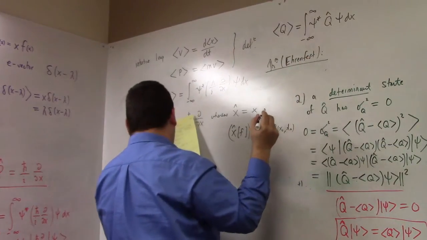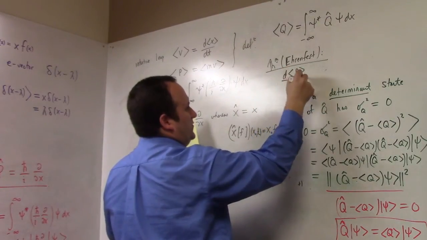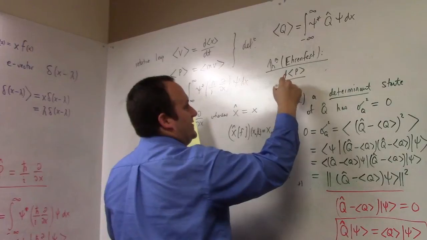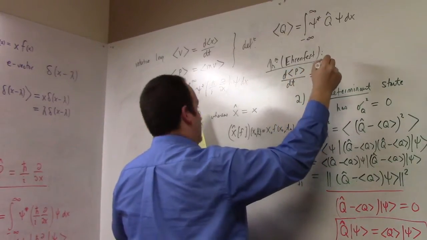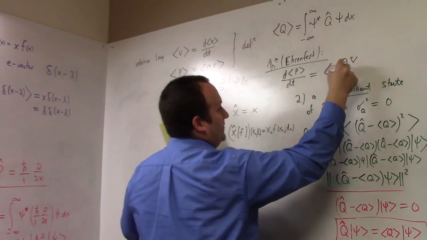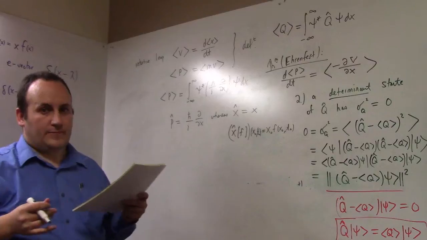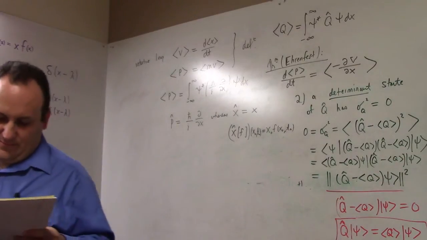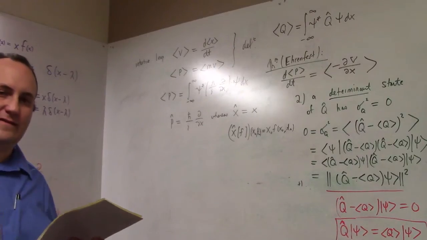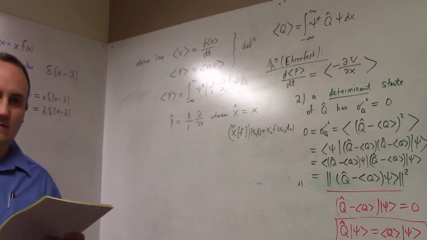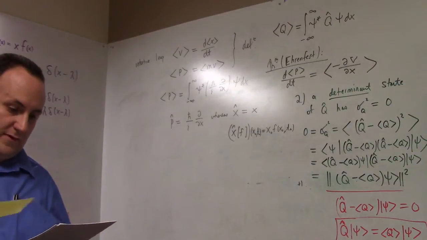I think this theorem is very cool. It says that the time rate of change of the momentum is equal to the expectation of the partial derivative of the potential energy. So we recover Newton's laws at the level of expectations. On the average, we recover Newton's laws. So another way of looking at that.